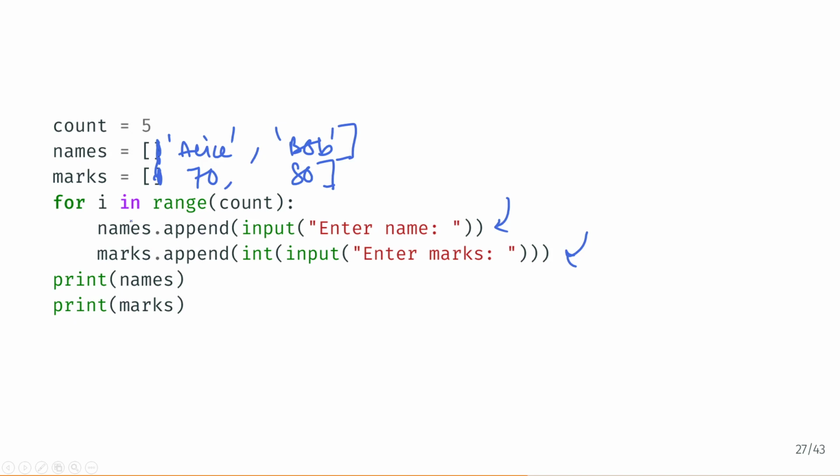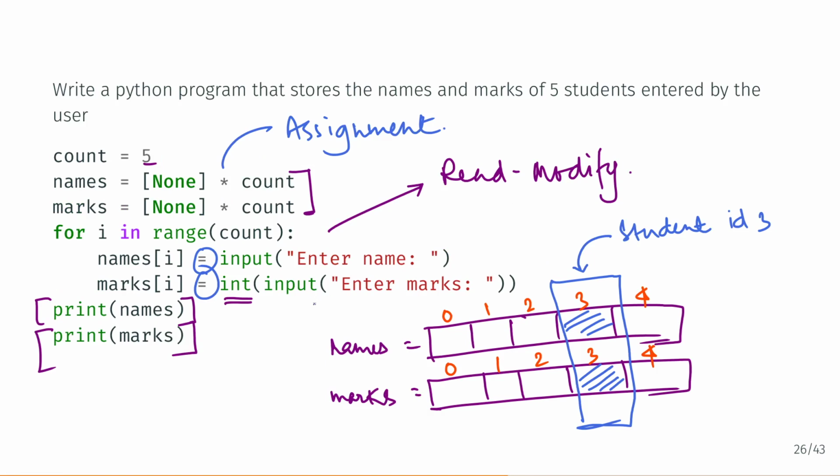It's more or less the same, except I would say that the first one is a more efficient option because you pre-allocate the memory. It would be ever so slightly faster. For 5 elements, it doesn't make any difference whatsoever. But if you had 5 million elements, then it might make a difference.